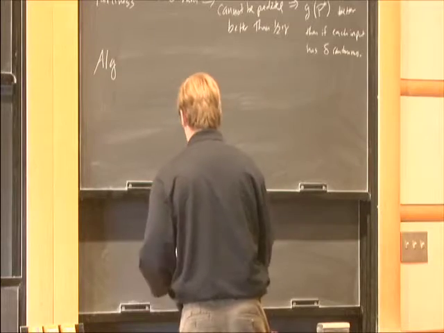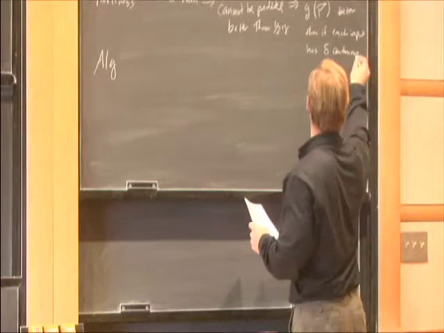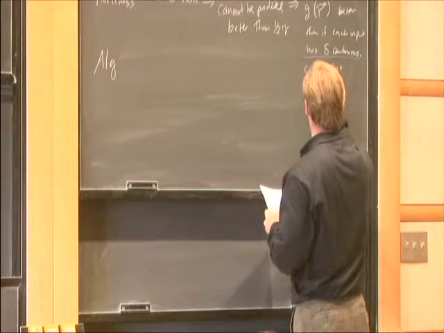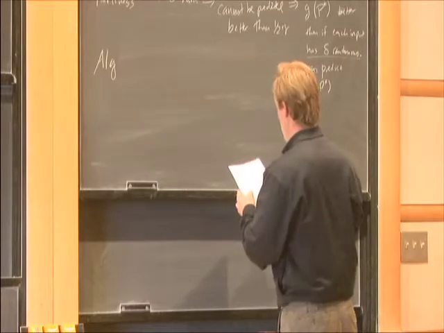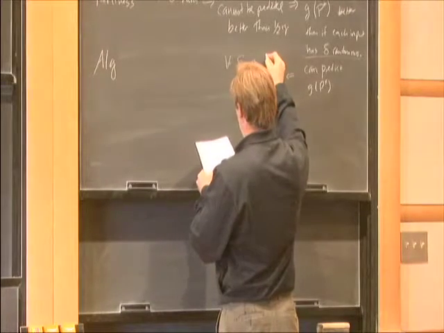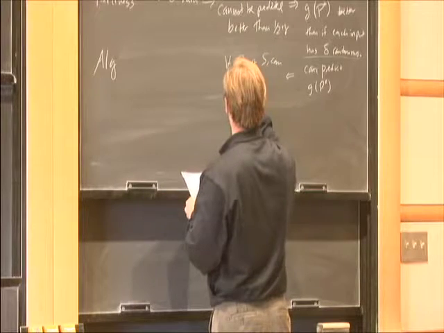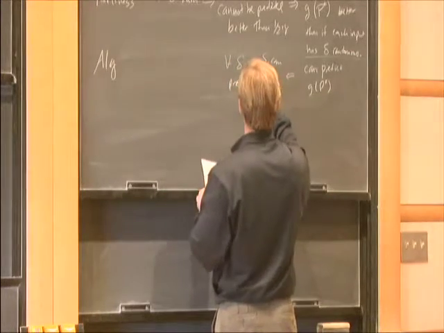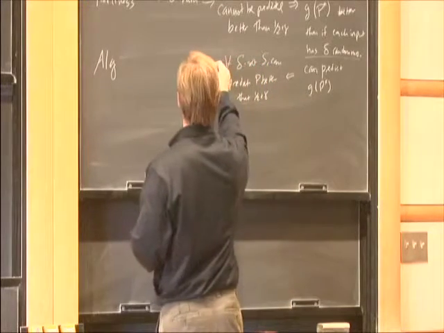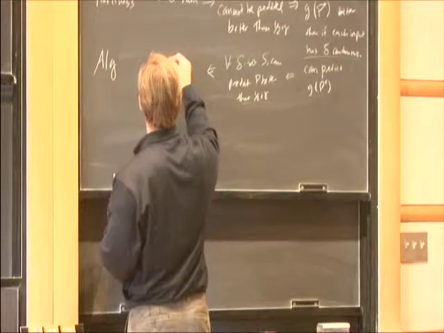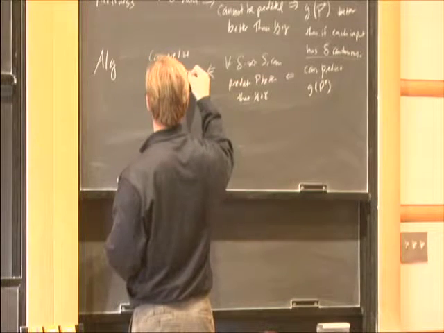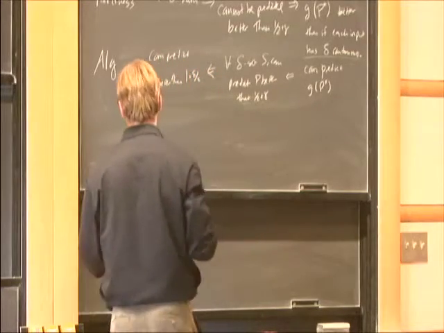And then there's this algorithm side to things. The algorithm side says if I can predict G, then for every delta set, I can predict the function better than random, and then I can actually predict P better than I'm supposed to.